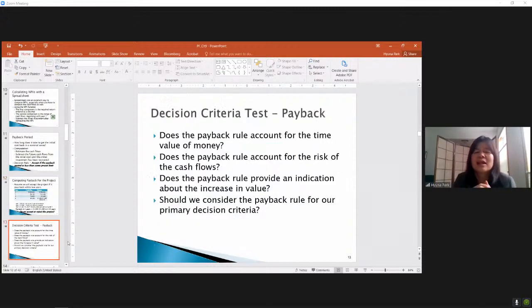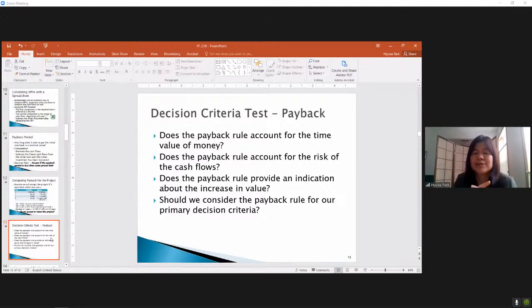The next slide asks: does the payback rule account for the time value of money? No, we didn't discount. We just used the nominal numbers. Does the payback rule account for the risk of the cash flows? No, we didn't have any mechanism in calculating the payback period related to the riskiness of the cash flows.